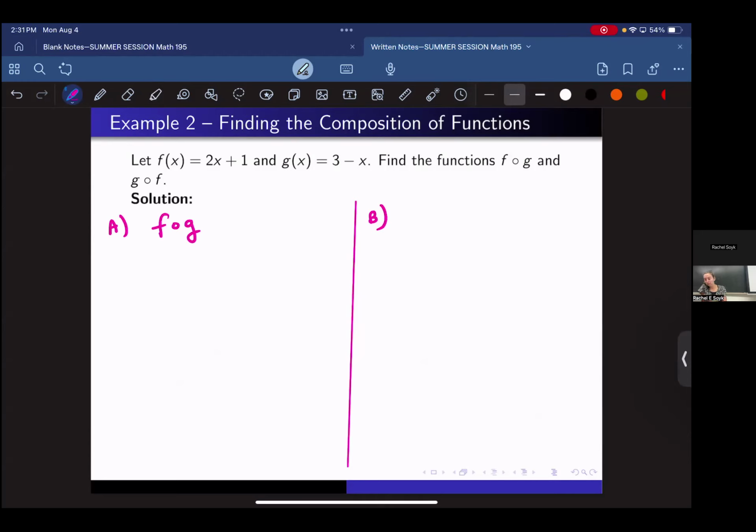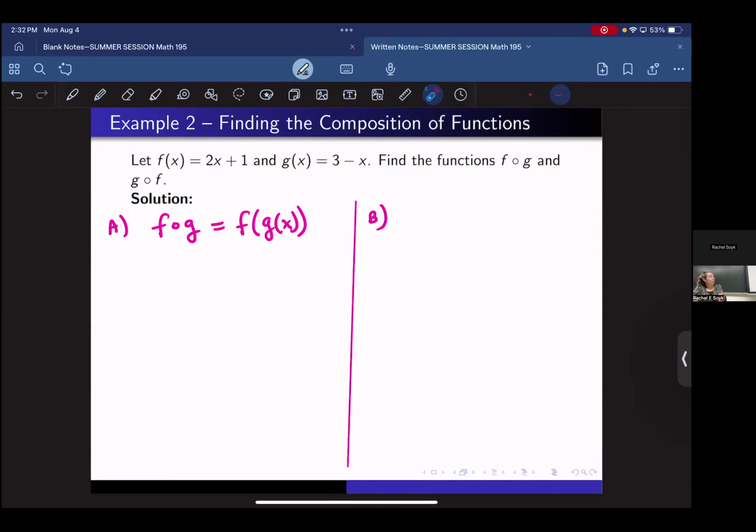F of g, also known as fog, is the same as just f of g of x. And the key is whatever you see on the outside is like the parent, and then the inside is the child. So the parent is always carrying the child until hopefully they're 18 and they can be self-sufficient.